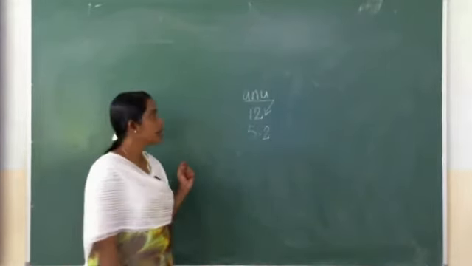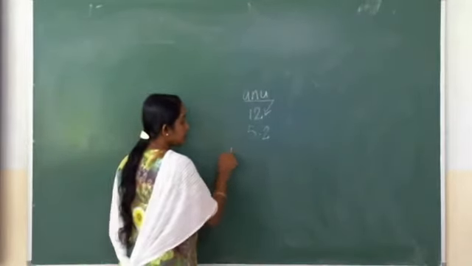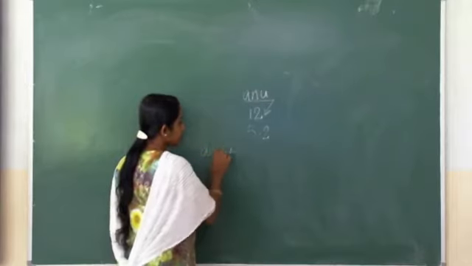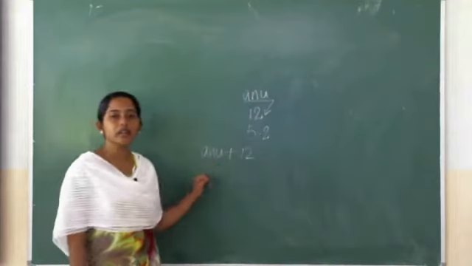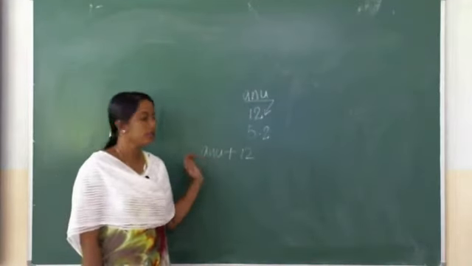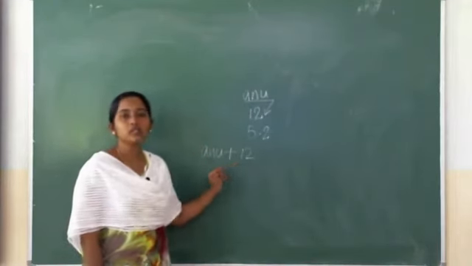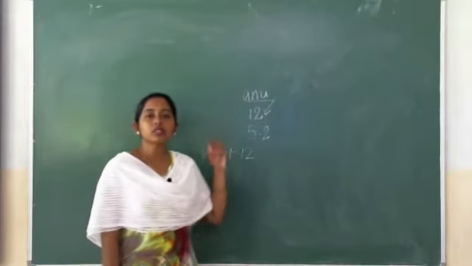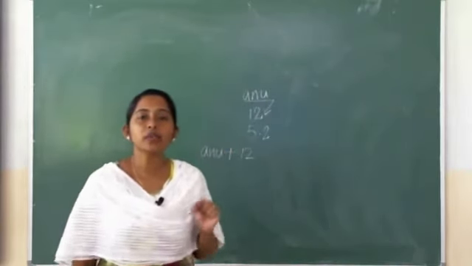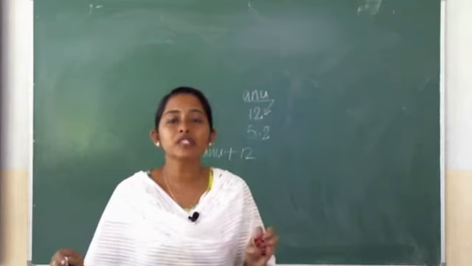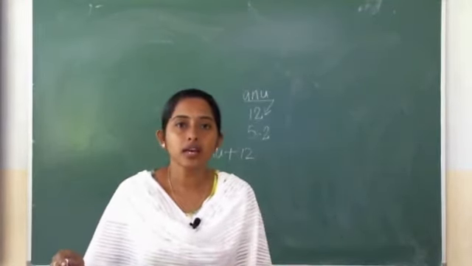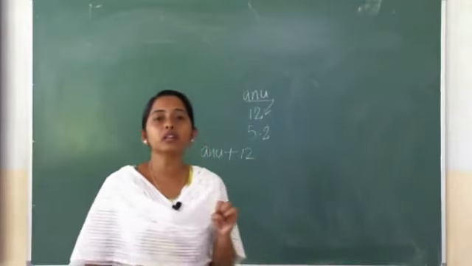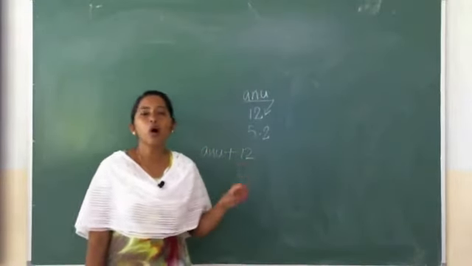Can I use the plus operator with this, and can the computer find the result of this operation? No, it's not possible. For performing some operations, we have to specify the data in different types. Only for a particular type of data can we perform some operations.